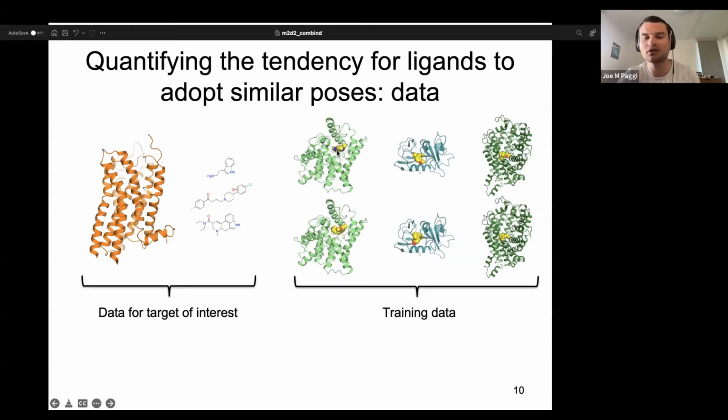In terms of just unique ligands and proteins, we had just shy of 500 ligands across 30 different target proteins. This resulted in thousands of pairs like this. The idea is that we learn about the structural similarity of these ligands, and then transfer that knowledge to our target of interest.